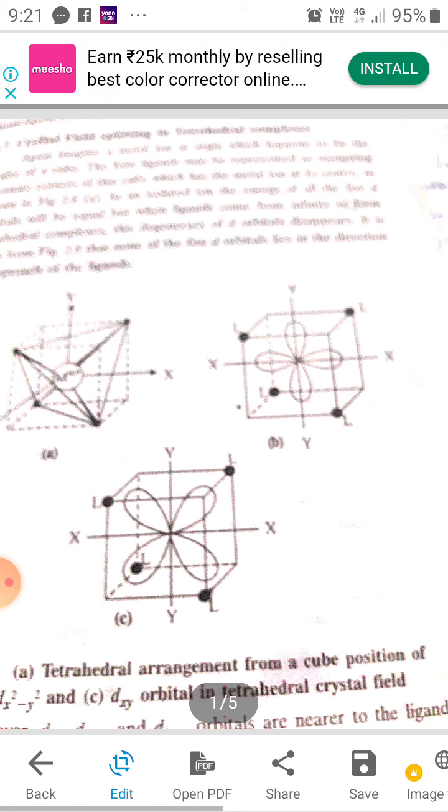Due to repulsion the energy of these orbitals increases and the energy of the two Eg orbitals comes down.